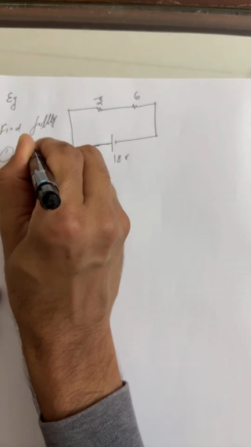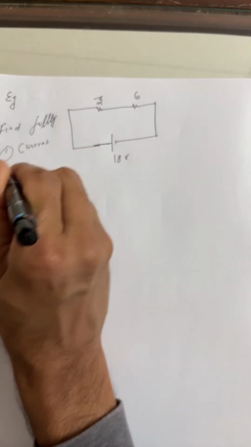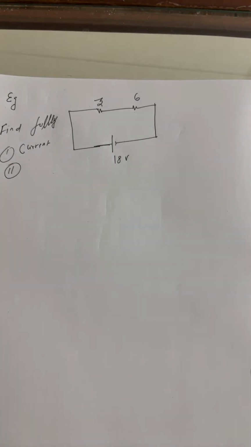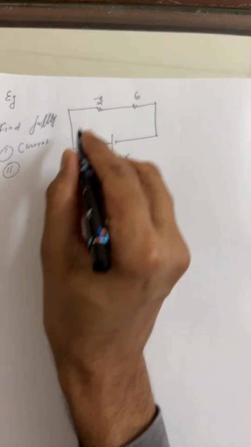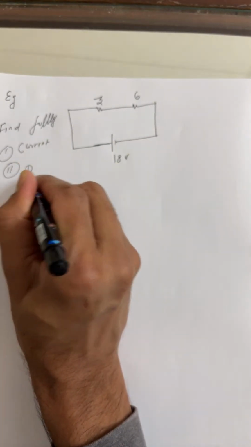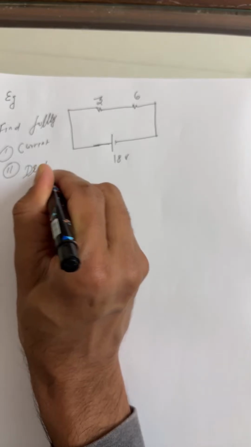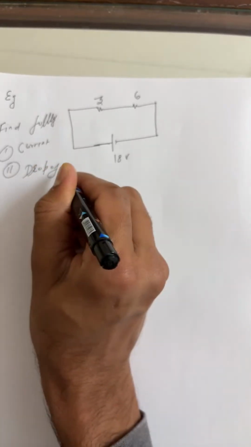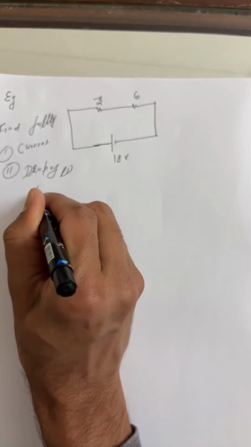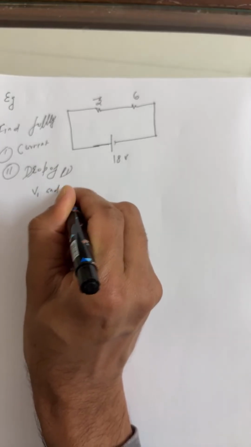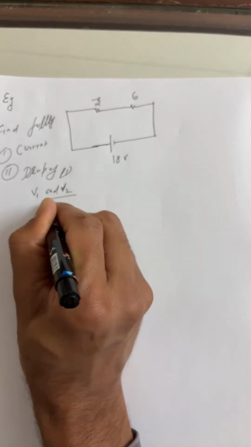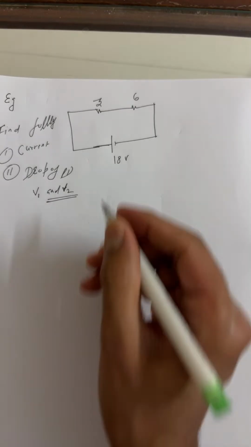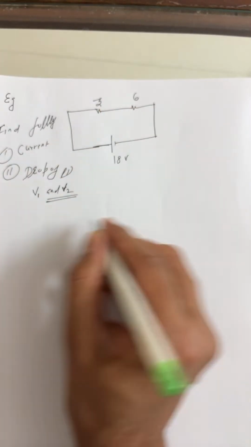First, the current in the circuit. And second, the drop on both resistors, the potential differences V1 and V2. So let us see, students, I'm considering the solution here.